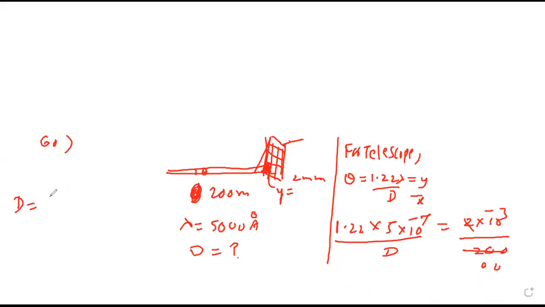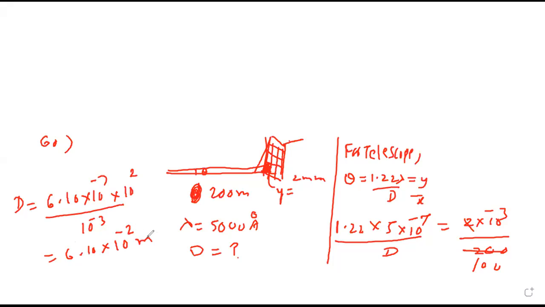Equals to, here I'm writing 6.10 into 10 raised to minus 7 into 100, that is 10 raised to 2, upon 10 raised to minus 2. So 6.10 into 10 raised to minus 5 plus 3. Minus 5 plus 3 is minus 2.